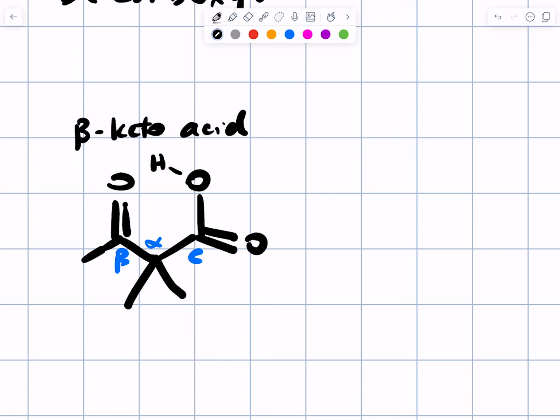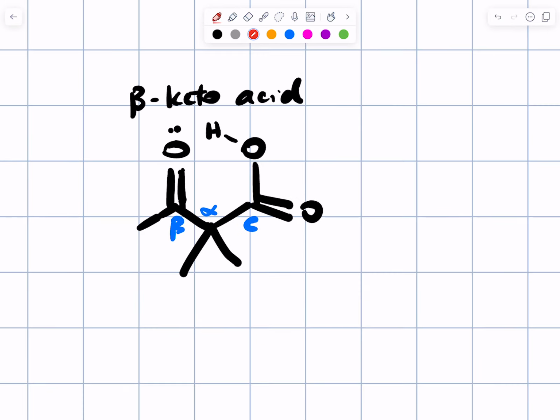Okay? And this puts the proton of the acid very close to the carbonyl oxygen of the beta keto group.